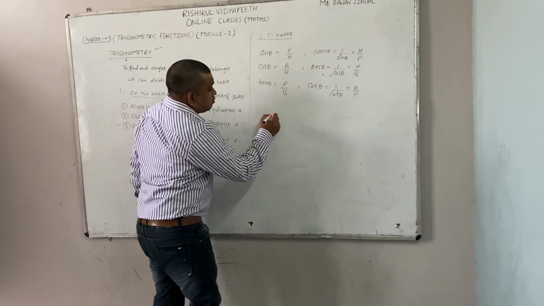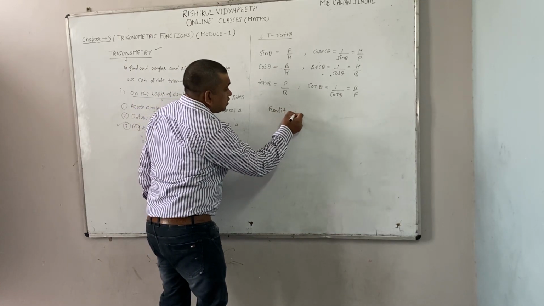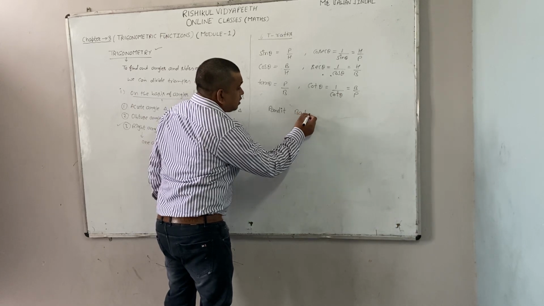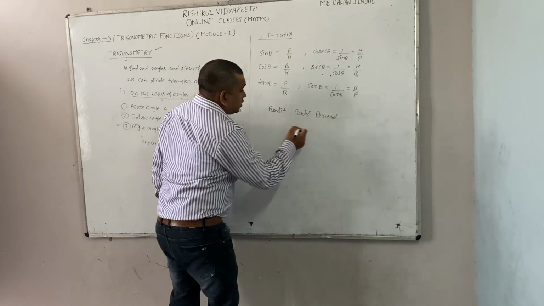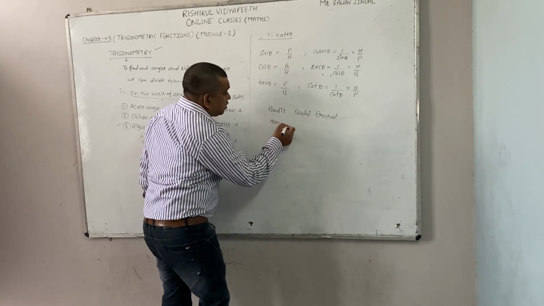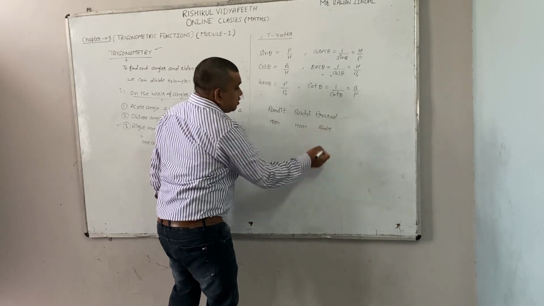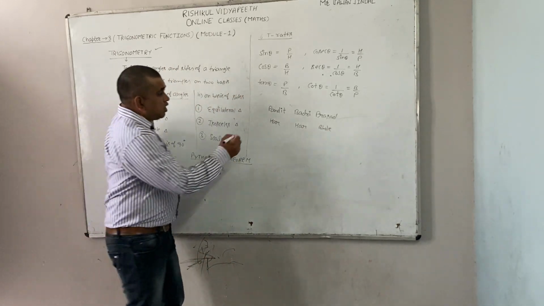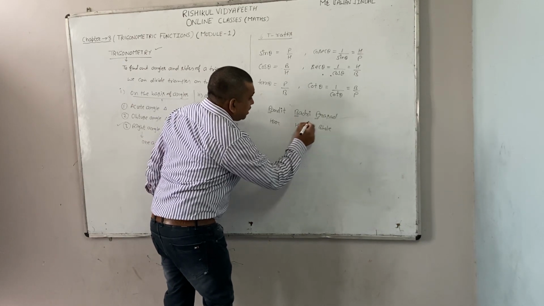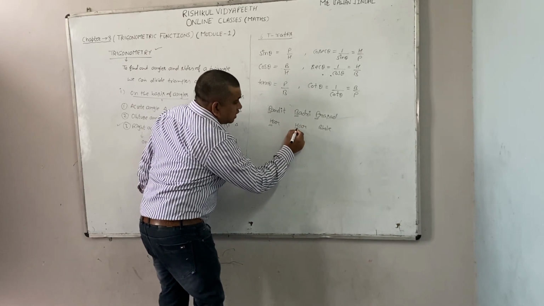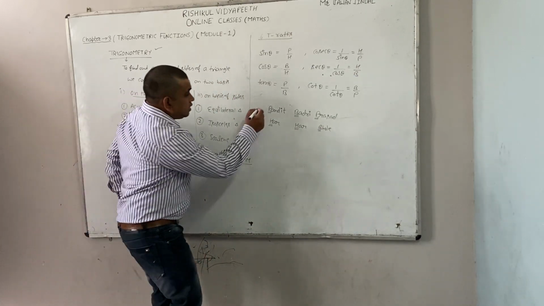How do you remember these formulas? Pandit, Badri, Prasad, Har, Har, Bole. Pick up the first letter of each word: P, B, P, H, H, B. Now what is sine?